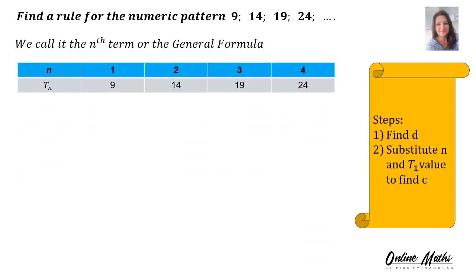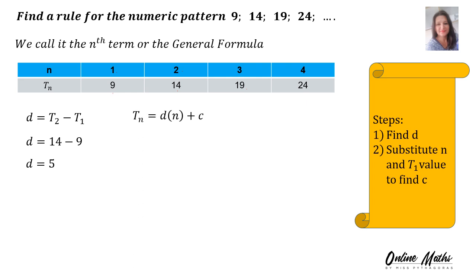What I did there in the table was just indicate that 9 is the first term, 14 is the second term, 19 is the third term. Now we start by working out D. D is term 2 minus term 1, which is 14 minus 9. D is equal to 5.